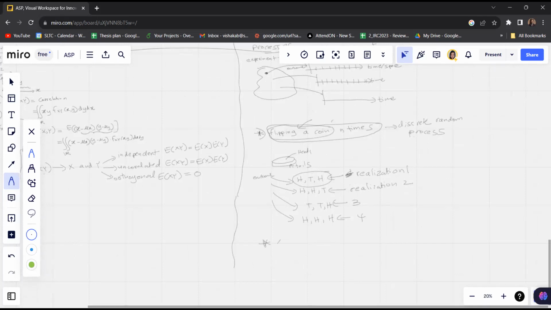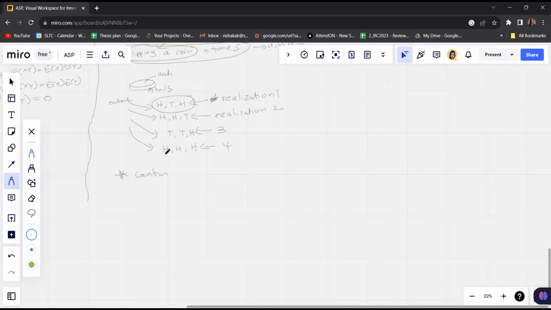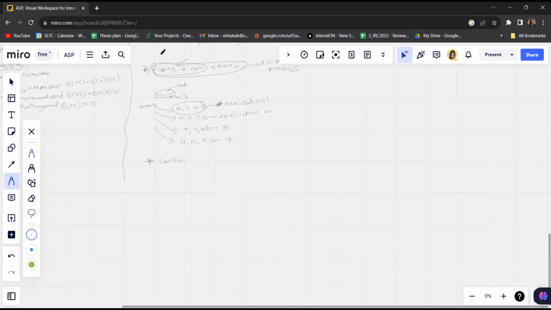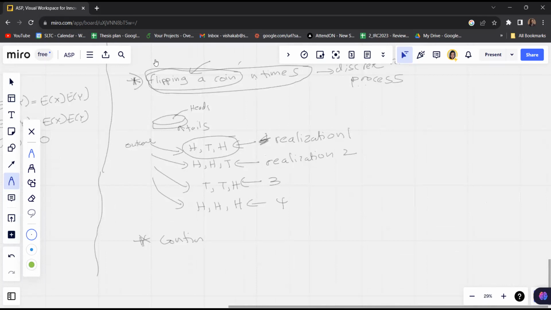Let's consider a continuous random process, such as the case where we consider an experiment where we keep recording calls that come to our smartphone.